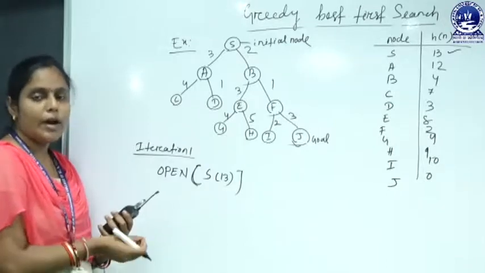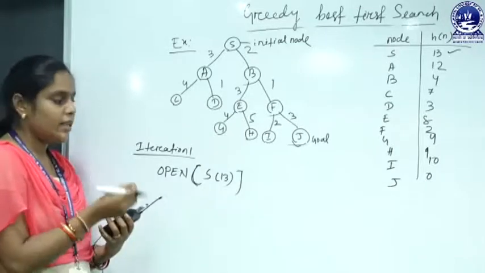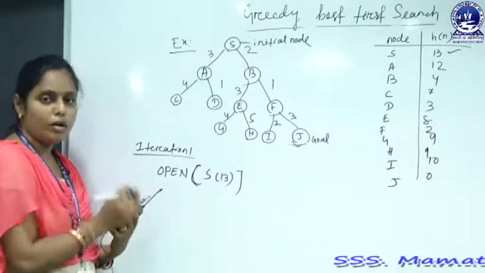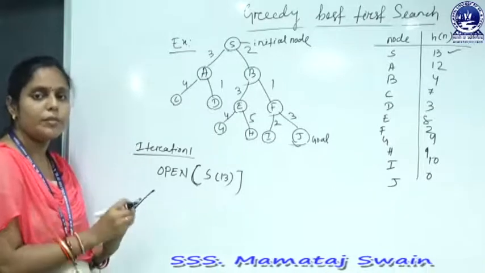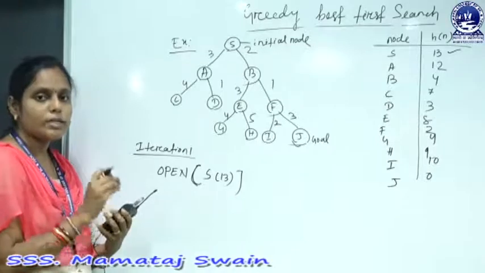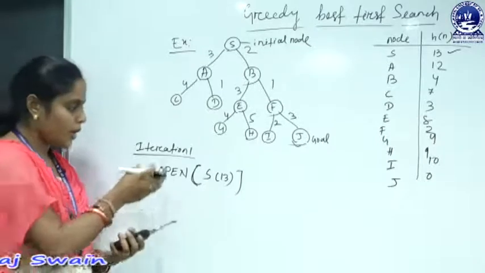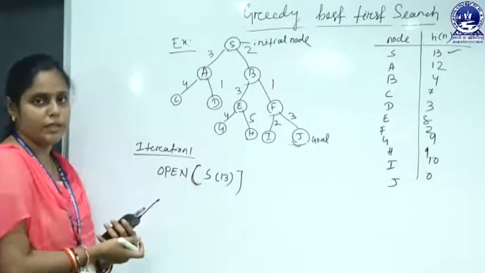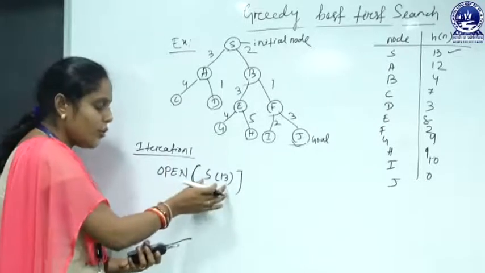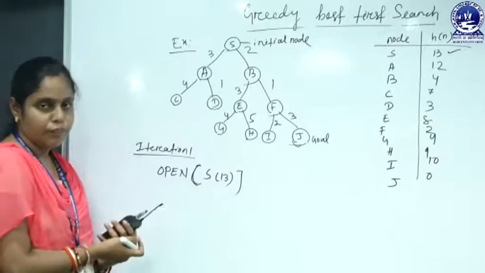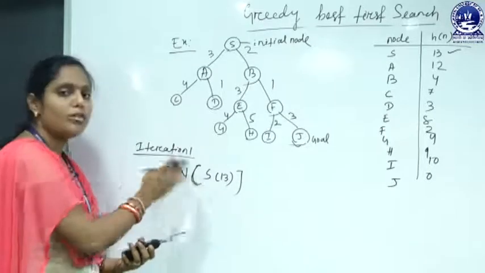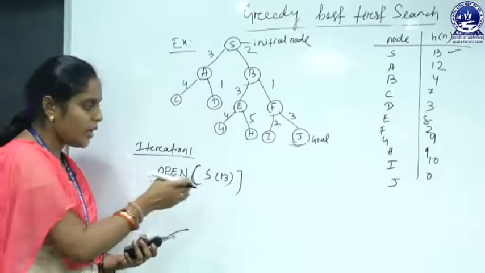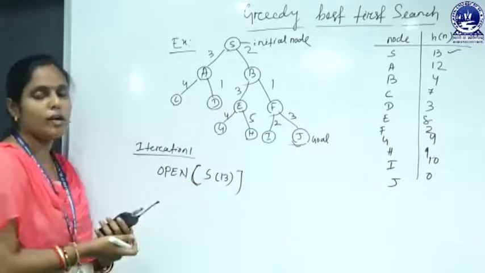Step 3 of our algorithm says that select a node from our open list which has the least or lowest cost heuristic value. But here in our open list there is only one node present. That means we select this node and check whether this node is a goal node or not. Here this node S is not a goal node.